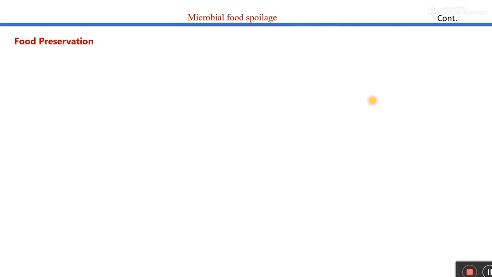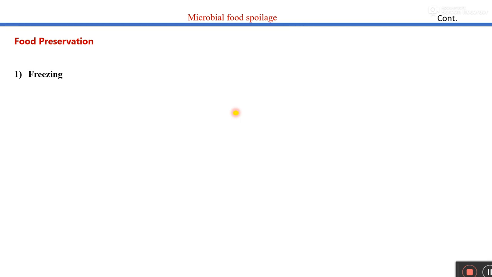Now in this slide I would like to talk about how you can preserve your food from microbial food spoilage. So the first thing through which you can preserve your food from microbial food spoilage is by freezing the food.